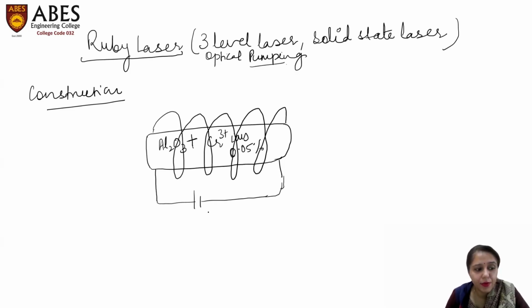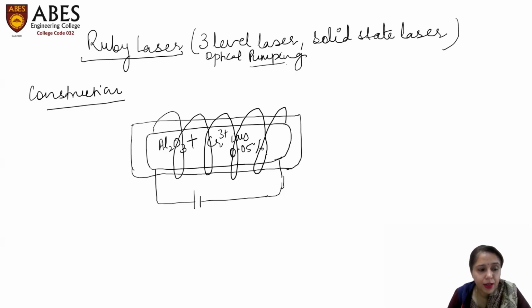This is a power source. And this can only be done if we place a glass rod in this. A glass tube is very much required, because otherwise how could we place the source, or the lamp, in helical form? So it will be like this. It will be a glass rod.